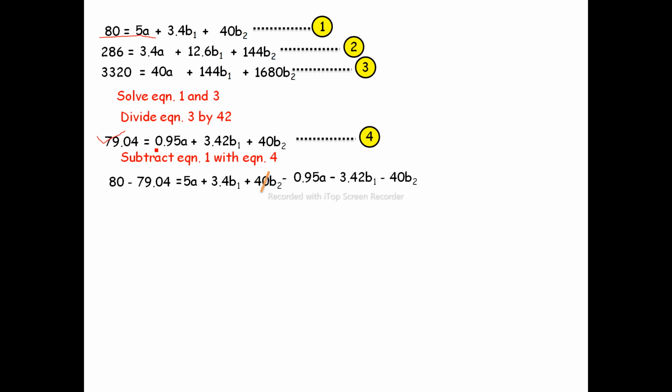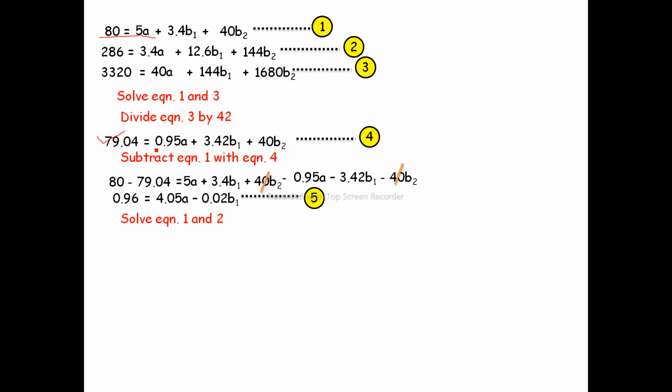So here plus 40b2 and minus 40b2 will get cancelled off, and we'll solve all this. 80 minus 79.04 is 0.96 equals 5a minus 0.95a is 4.05a, and 3.4b1 minus 3.42b1 will be minus 0.02b1. Okay, so let this be equation number 5.